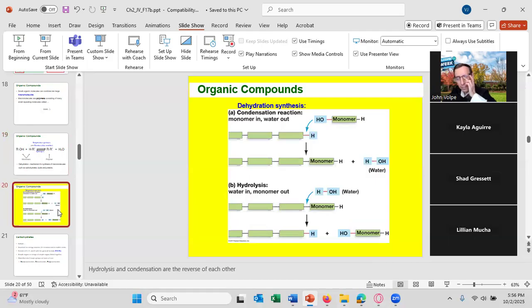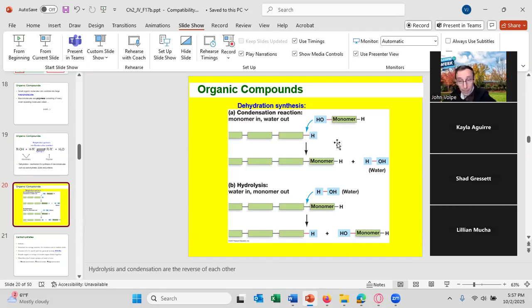Here's another example of dehydration synthesis where we have a monomer adding to a smaller polymer. The OH comes off the monomer, the H comes off the smaller polymer. The monomer here then binds to the polymer there, and then the water forms, and that's dehydration synthesis.